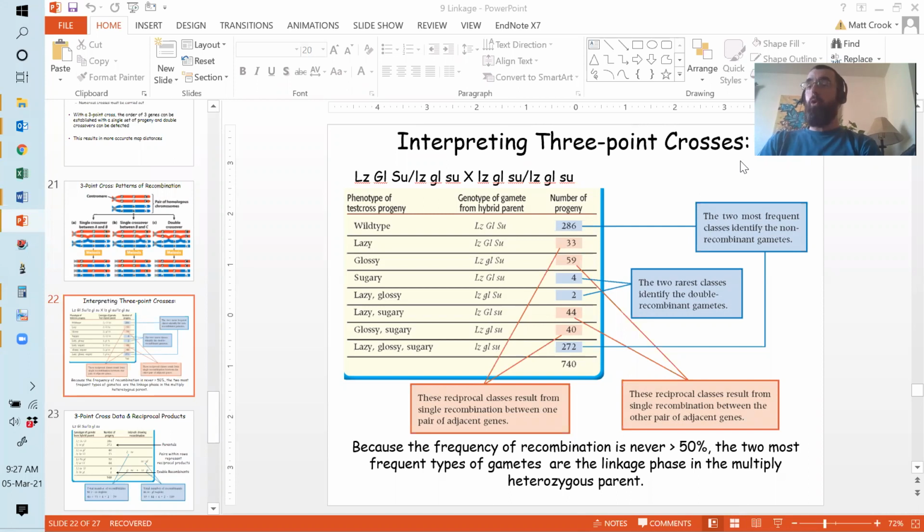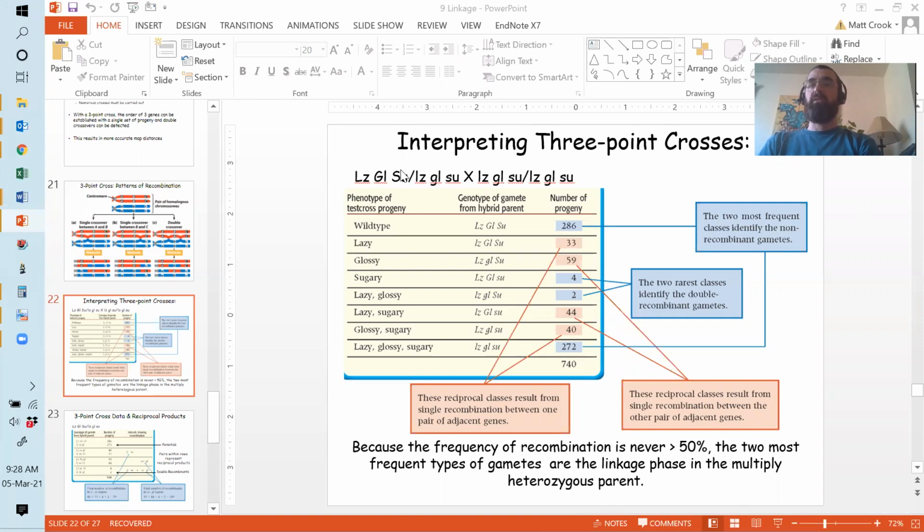So the parents are all dominant or all recessive. This is a cis configuration. So when you see two dominants together and a recessive, it's the recessive one that moves. Or if you see two recessives together, which is this one, and a dominant, it's the dominant one that has moved.